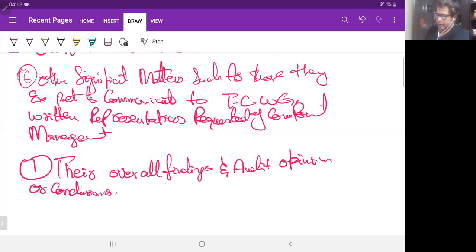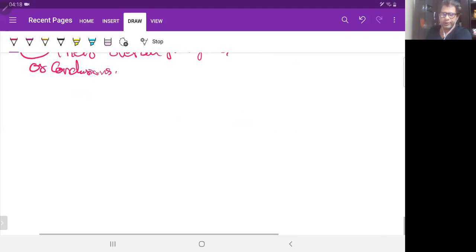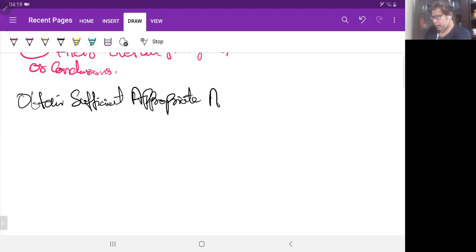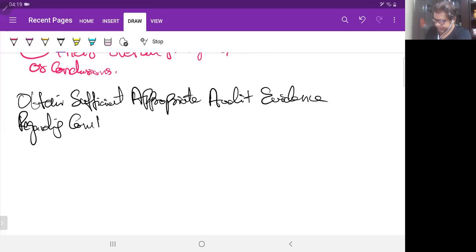Right now, the next thing which we have to look at is: obtain sufficient, appropriate audit evidence regarding the components and the consolidation process.